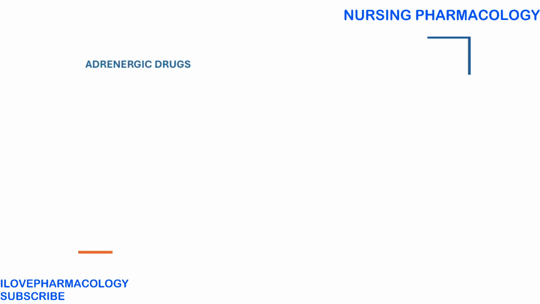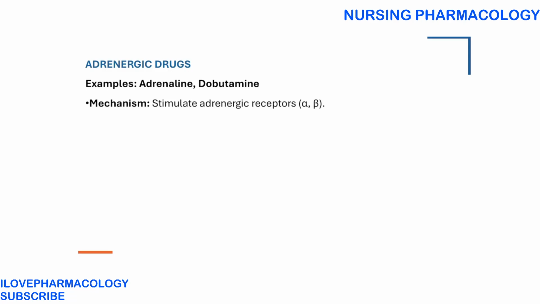So next, coming to the adrenergic drugs, I will be going through them briefly: which drug belongs to which group, where it is used, and what are the side effects and uses. So adrenaline and dopamine belong to the adrenergic group of drugs. Basically they stimulate the adrenergic receptors like alpha, beta, etc. Usually the alpha is present in the blood vessels, so it causes vasoconstriction.